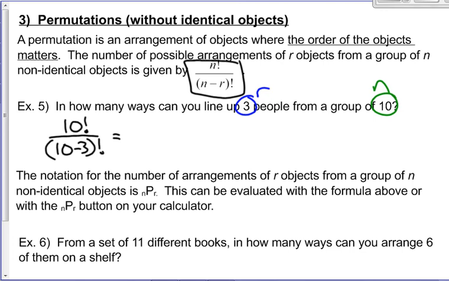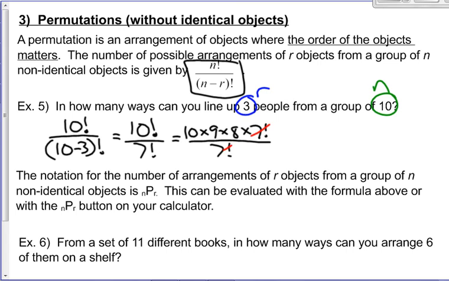Okay? And I can do that in my calculator. I can also do it with my brain and say, oh, it means 10 times 9 times 8 times 7 factorial, all the rest of the way down. And I'm going to get the exact same answer that I got when we did this in question 2, 720.